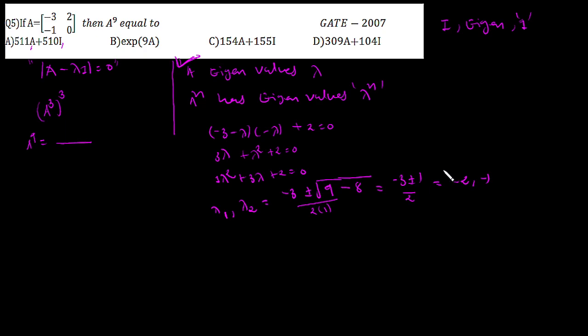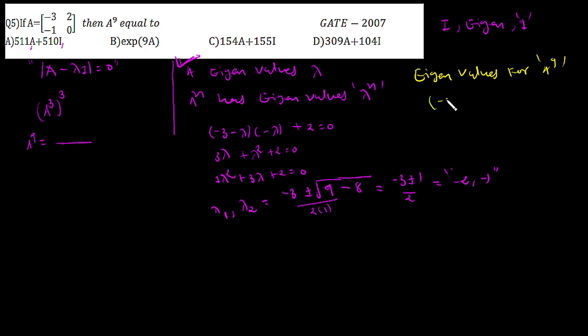So now we have found the eigenvalues for this A matrix, but in the question they are asking about A to the ninth power. So let's find the eigenvalues for the A to the 9 matrix. What we have to do is just raise these eigenvalues to the power 9.